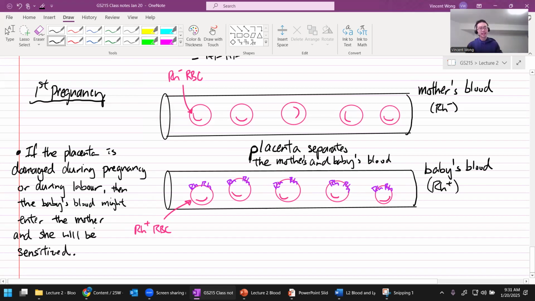Okay? She'll be sensitized. Right? So if we damage the placenta, I'm not gonna erase this thing. It's hard to draw it, I guess. But here's the thing, okay? You decide if you want to draw this or not.